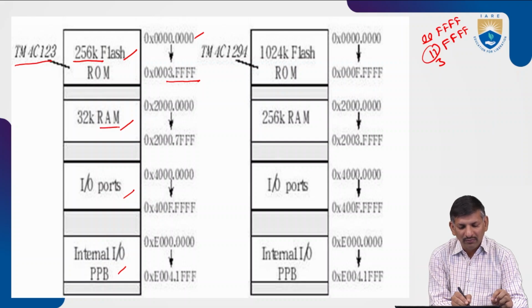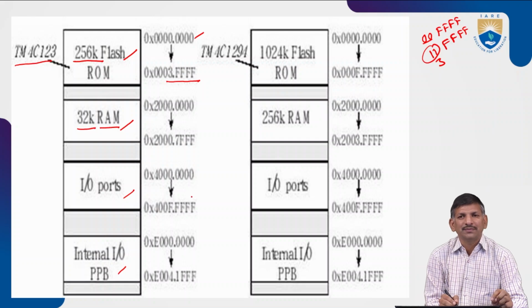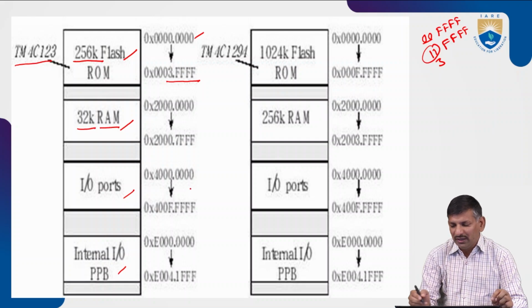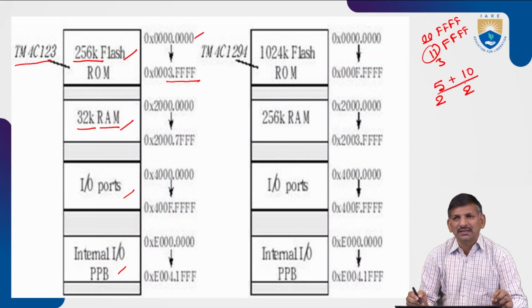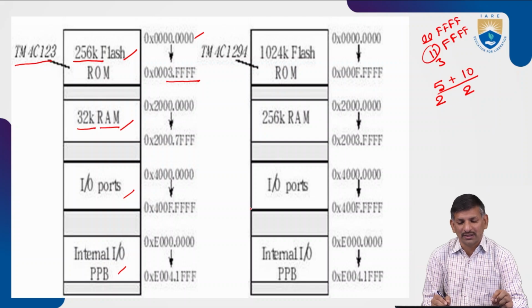Next, coming to the RAM, the size of this RAM is 32 kilobytes. 32 means 2 power 5, kilo means 2 power 10. Total 15 bits required to assign this address.